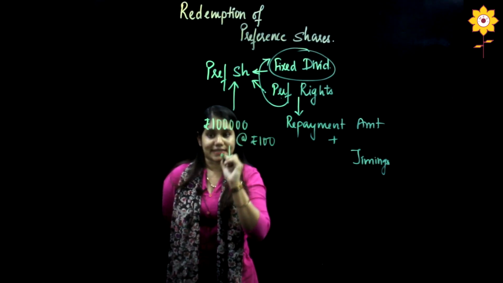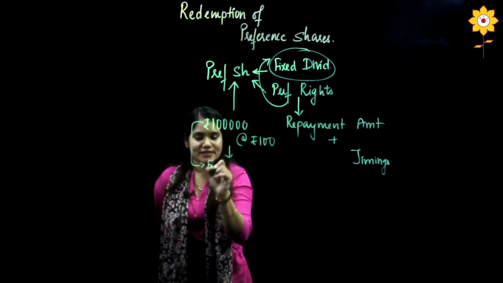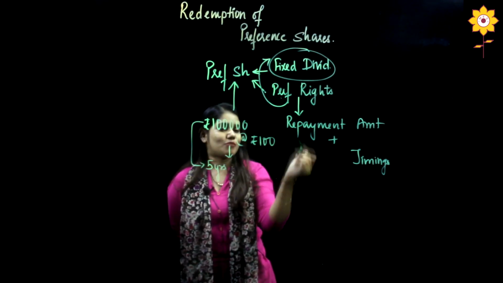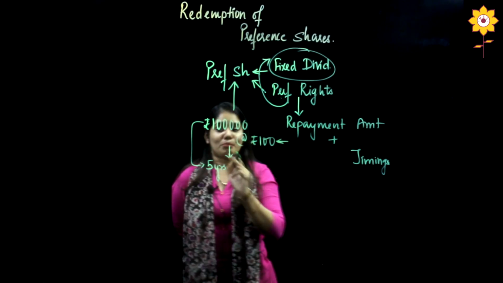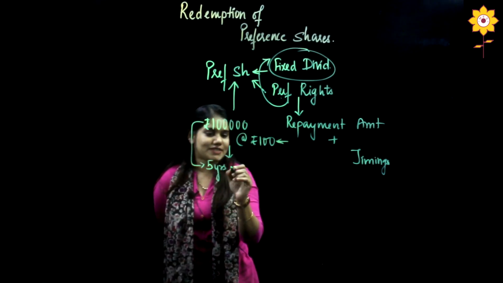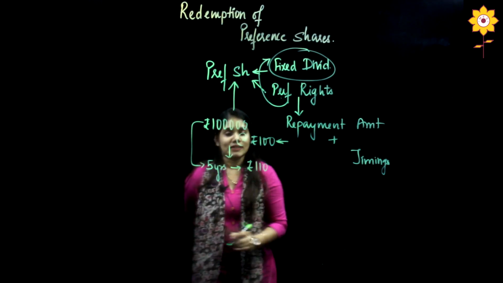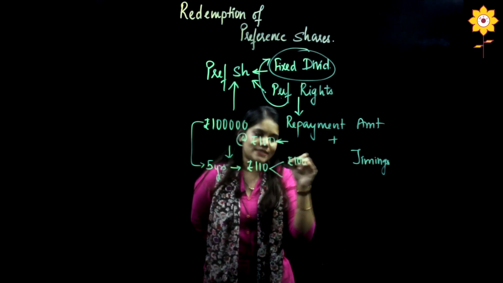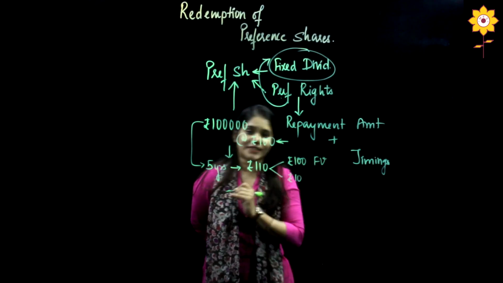The company decided that it will redeem these shares after 5 years, wherein at the time of issuing the preference shares, they were issued at rupees 100, but after 5 years, the company is going to pay rupees 110. This means the company is going to pay rupees 100, the actual value, followed by extra 10 rupees.